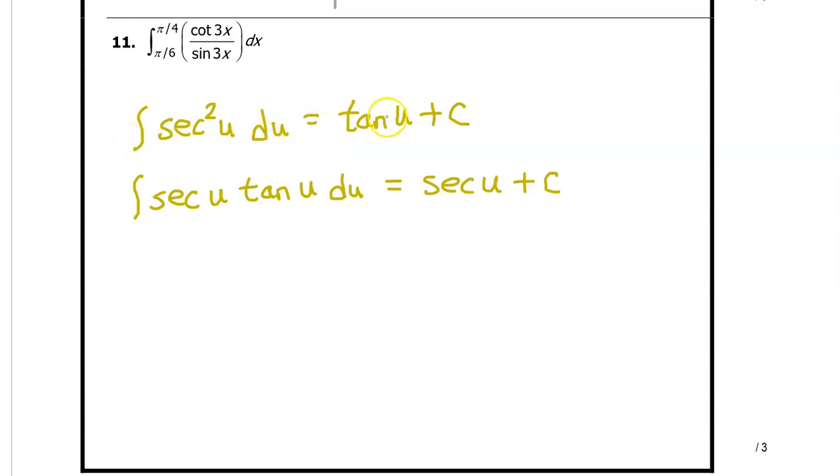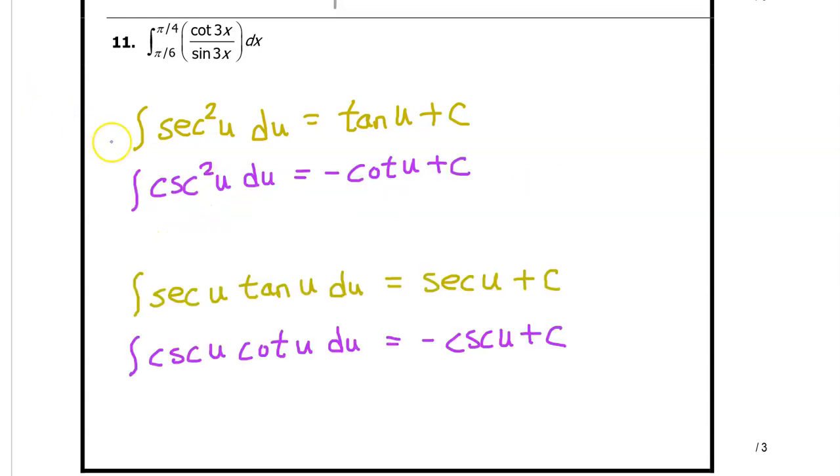From our derivative rules turned inside out, we know that the integral of secant squared u is equal to tangent u, because the derivative of tangent is secant squared. Similarly, we know that the integral of secant tangent is equal to secant, because the derivative of secant is secant tangent. And then we have the matching co-versions of each of these rules.